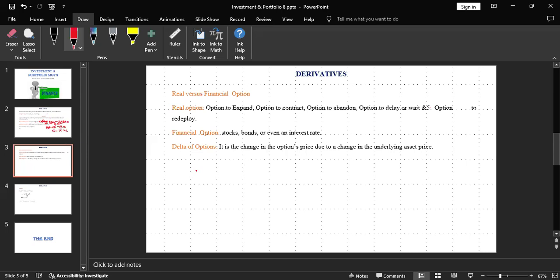The same way, let's say it's dollars, a foreign currency. If I want to go into a contract with you, probably I'm going to sell goods to you in future, paid in dollars, or probably import the goods in dollars.